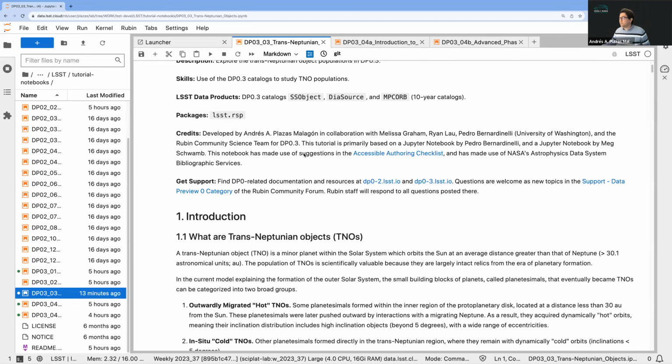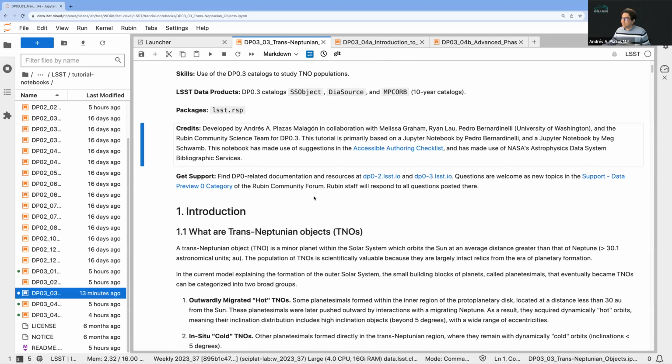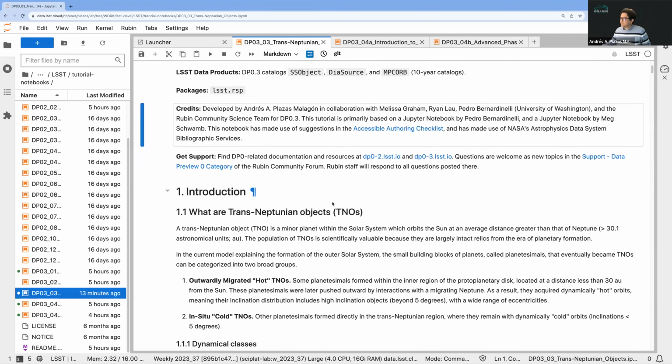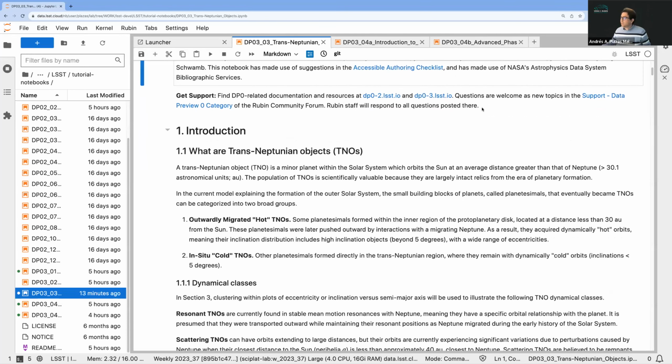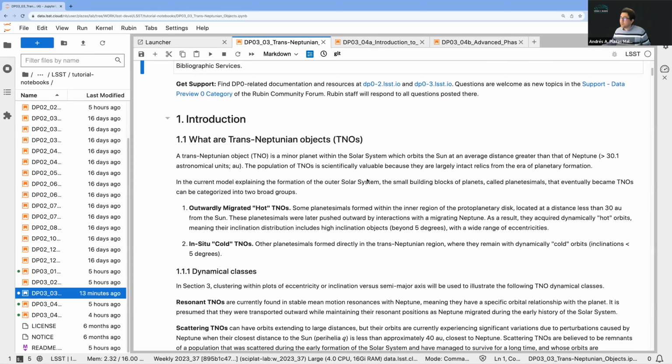And as I mentioned before, we've been trying to keep in mind and follow the accessible authoring checklist, which we're going to go through in depth in a future assembly. Okay, so you have the usual websites where you can get support and documentation for the simulations that we have.